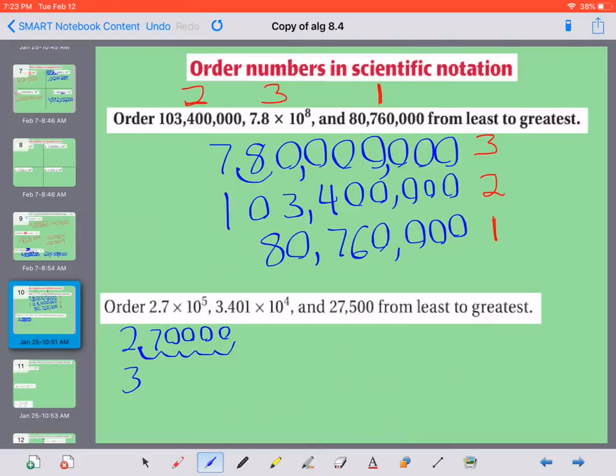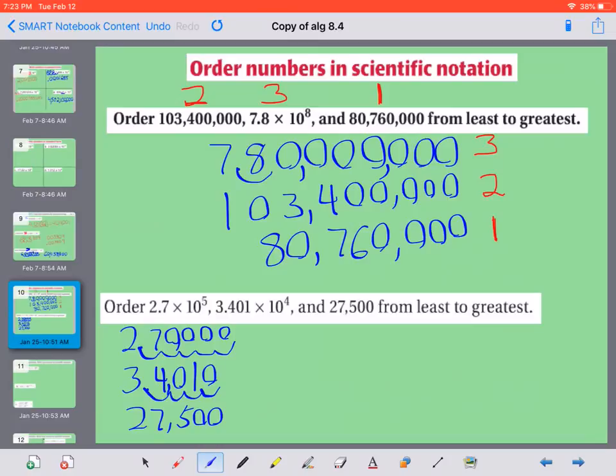Then 3.401. Move that 1, 2, 3, 4 spaces. And finally we have just 27,500. So we have the first one as 270,000.